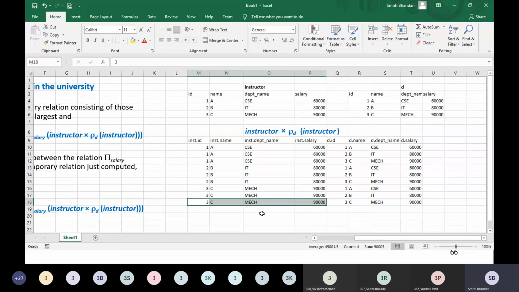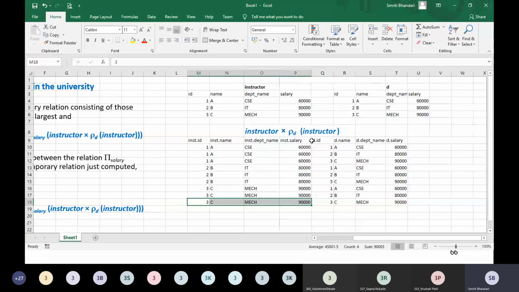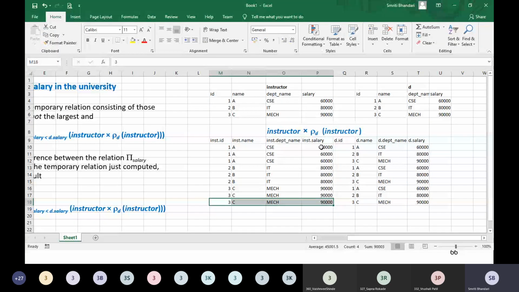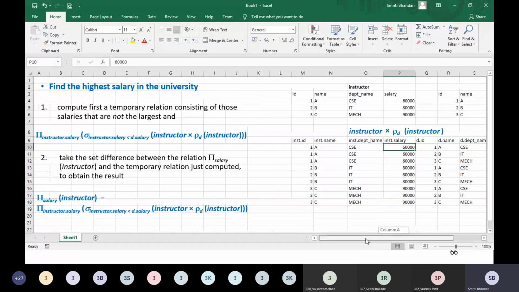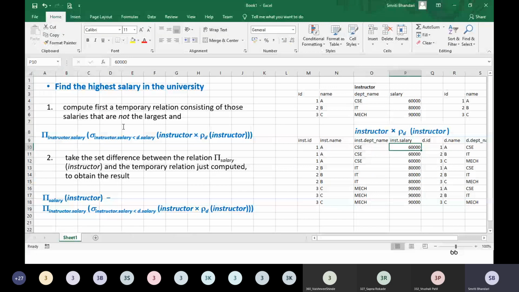Are you getting me? Yes, ma'am. So now we are having these 9 tuples in our cross product. Now, as you can see, we are having 2 salary columns. And we are having these 2 salary values in a single tuple, and that is why we can compare now these values.